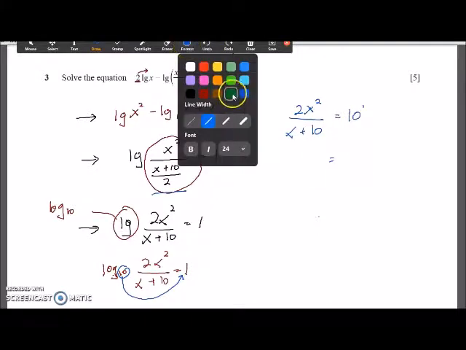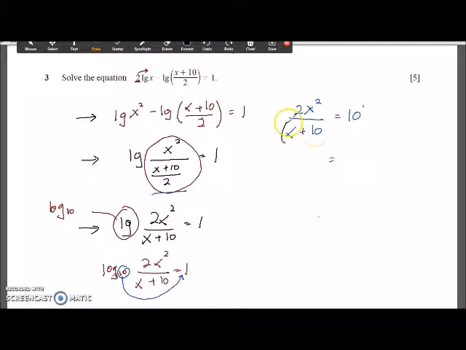So here this x plus 10 will move here to become a multiply. Thus it will become 10x plus 100, and here's a 2x square.